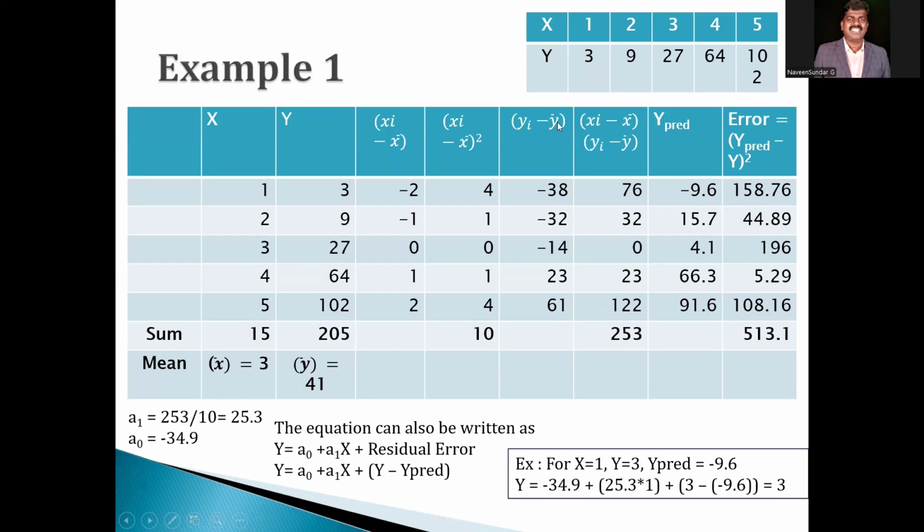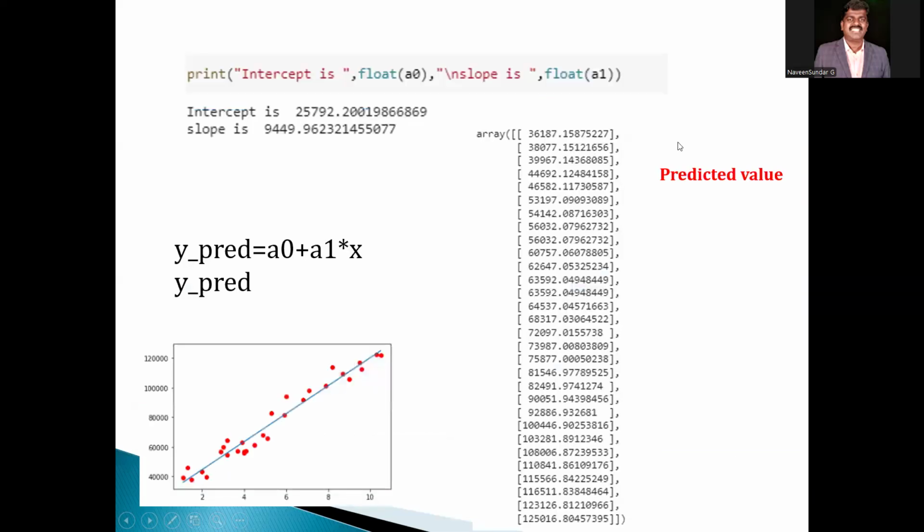Similarly, y minus y bar, the mean value, and then x minus x bar into y minus y bar. And then we find the predicted value, as we saw in the previous one, a naught plus a1 into x, and we already know how to calculate a1 and a naught.